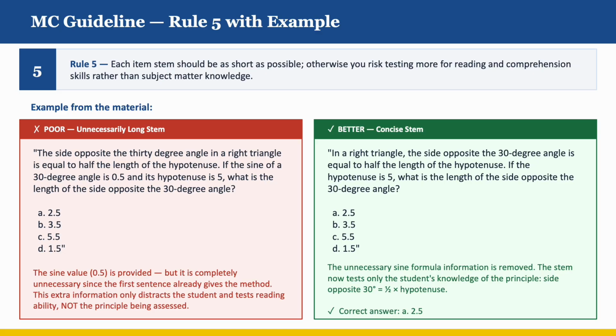Because the first sentence of the stem already tells you how to solve it. So the side equals half the hypotenuse. You don't need the sine formula at all. But by including it, the poor version distracts students and might even lead them to use a more complex calculation than necessary. So the rule of thumb, if information in the stem isn't needed to answer the question, take it out.